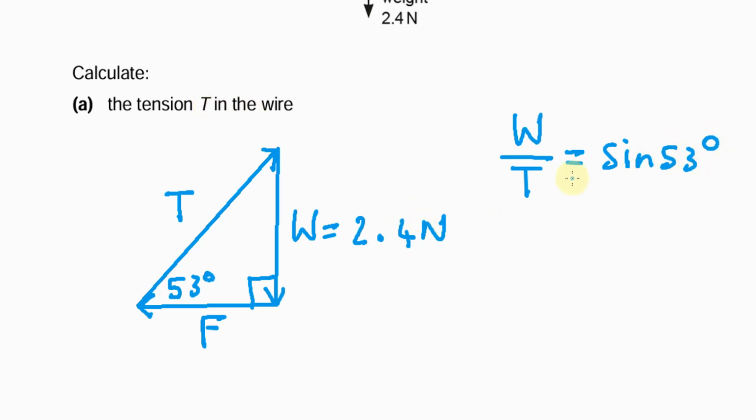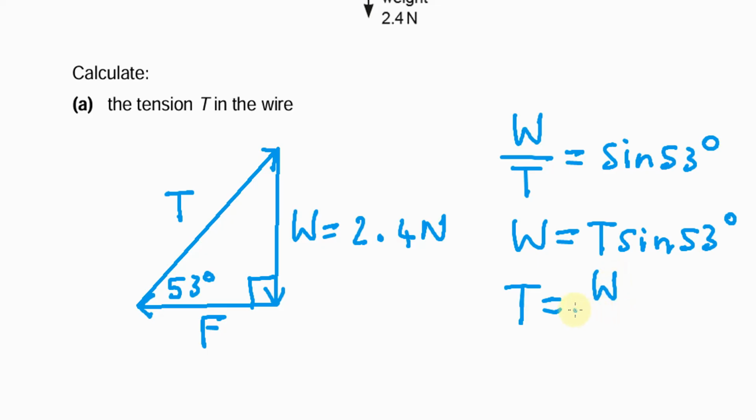And we want T, so we want to make it the subject of the formula. We can multiply through by T, and we get W is T sine 53. And since we want T, T equals W over sine 53.